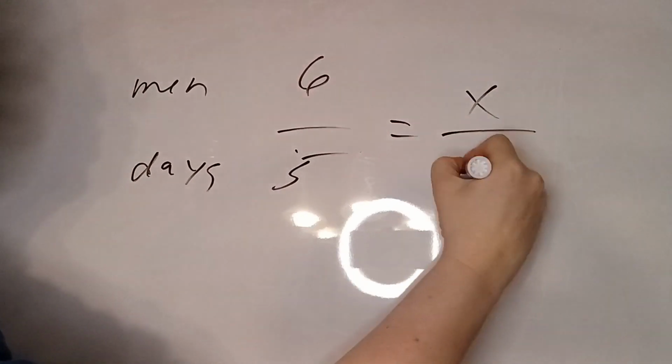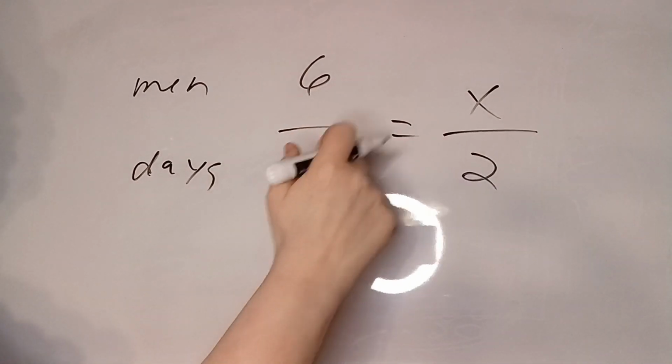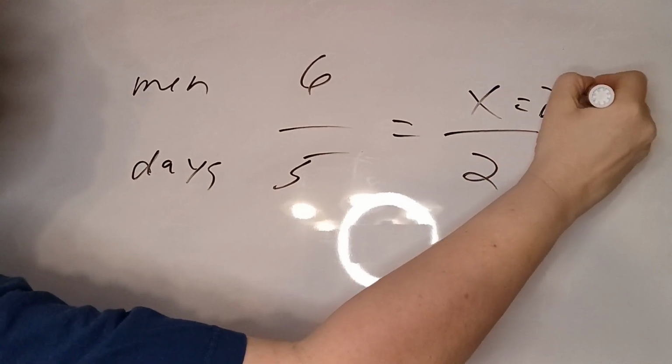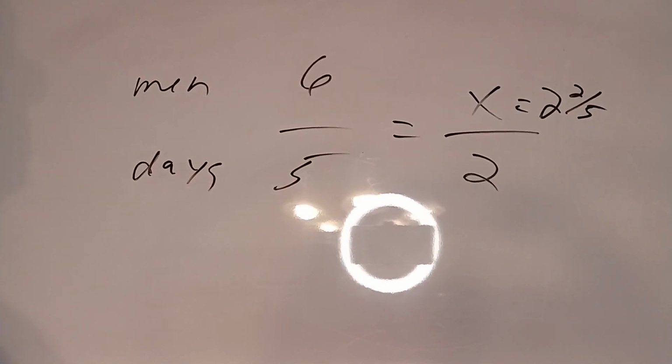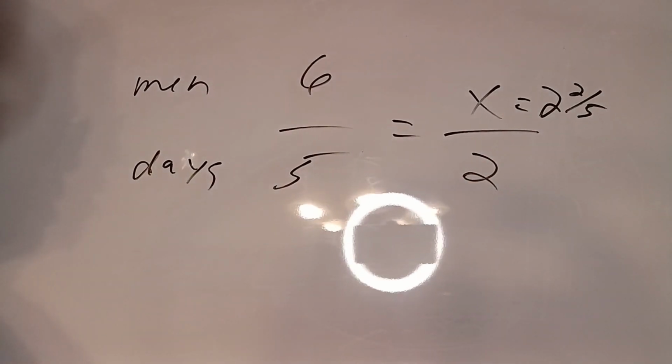How many men for 2 days, right? This is 12 divided by 5, which is 2 2/5. Okay? But does it make any sense that fewer men will get things done in a short amount of time? No, it really doesn't.